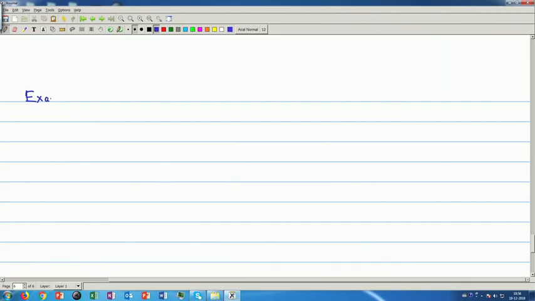Now, we see one example where the relation is not a poset.